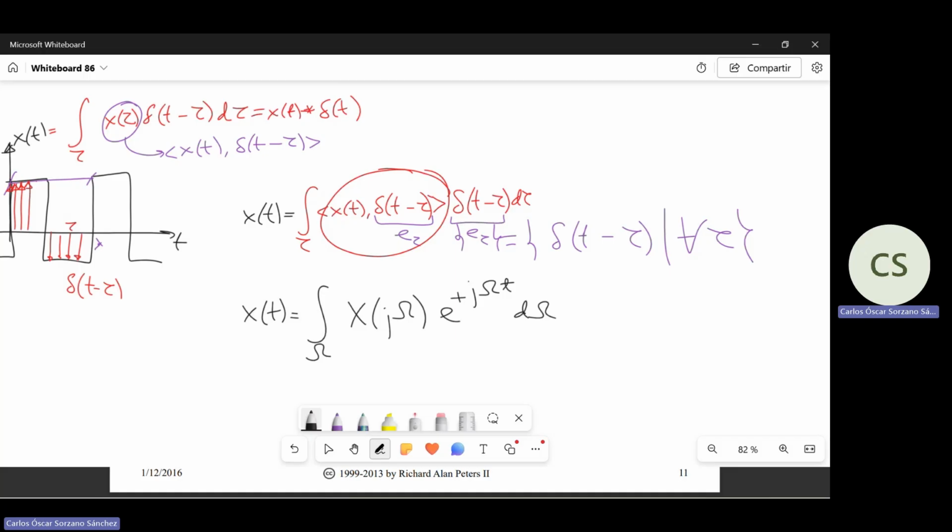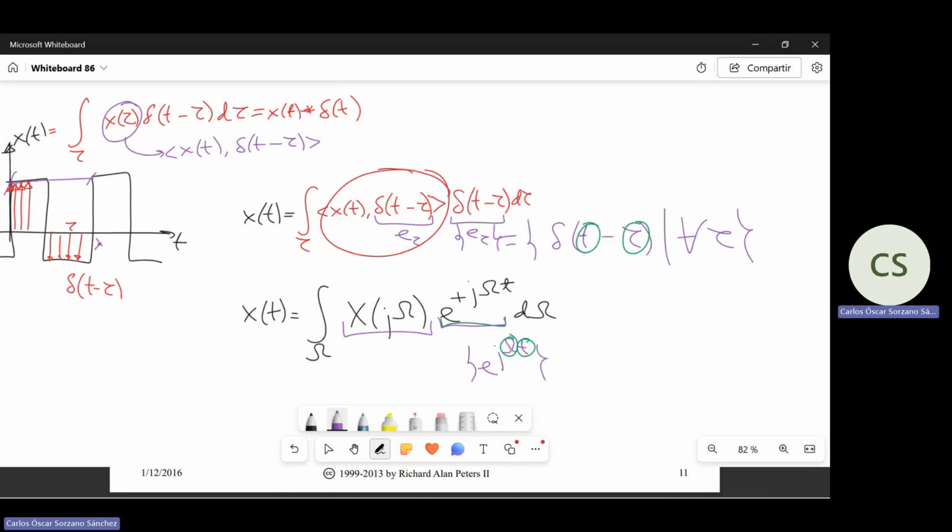Okay, so let's compare these two. Now we say this set of functions is my basis, so it has the same structure as this one. The key here is that they are functions that depend on time and something else. So this is my basis, and if this is my basis, this is the Fourier coefficient.